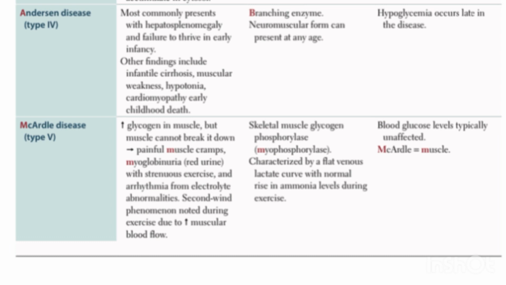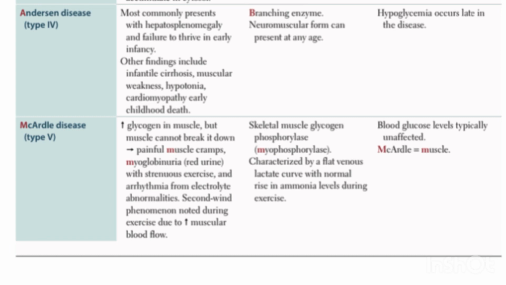McArdle's disease, also known as type 5 glycogen storage disorder. The enzyme deficient is muscle glycogen phosphorylase, characterized by flat venous lactate curve with normal rise in ammonia levels during exercise. Clinical features: increased glycogen in muscle, but muscle cannot break it down.